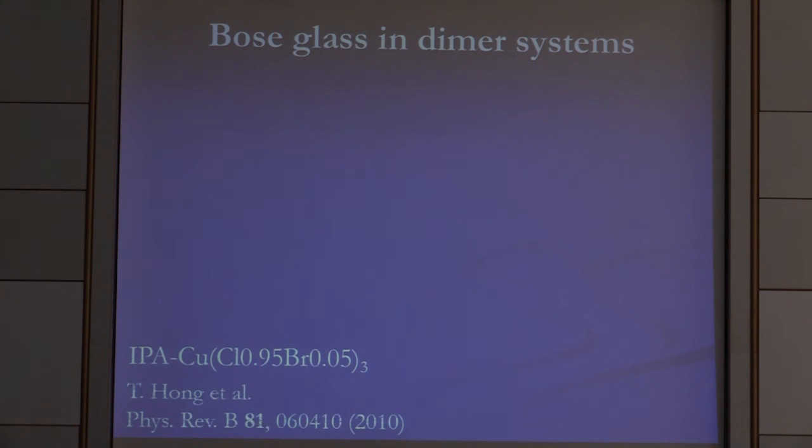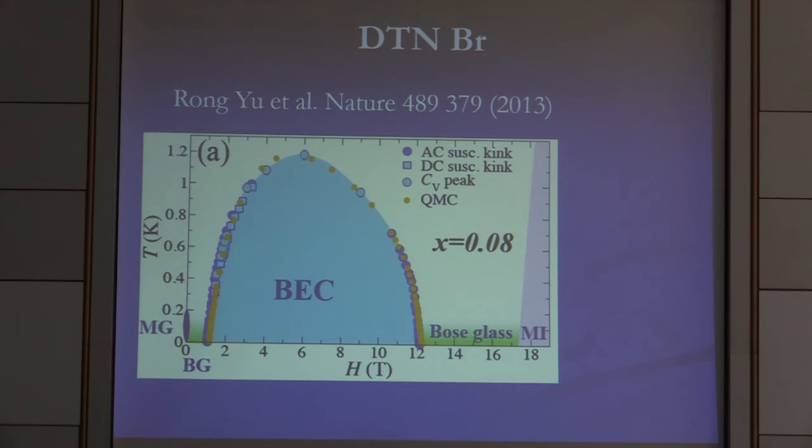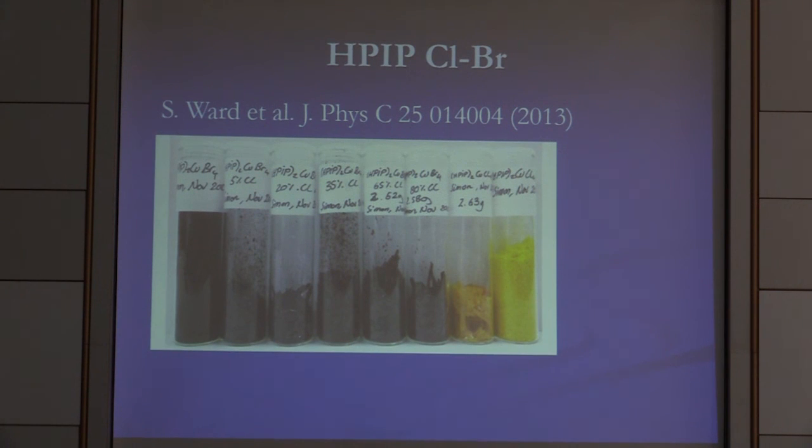And there are many experiments that have been done. I flashed some of them that have been done to test whether disorder in this system, which is realized by alloying the material. Here you see an alloy where you go from a totally chlorine version of the material to a totally bromine version of the material, where you can realize this disordered system.